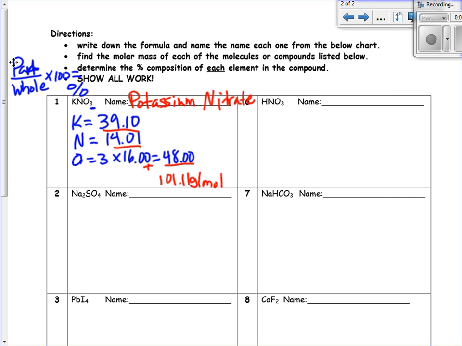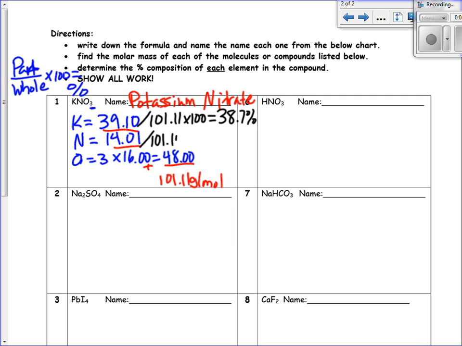So I'm going to divide this by the entire compound's mass, then multiply by 100, and I will get the percent of the compound that comes from the mass of potassium. And that ends up being 38.7%.